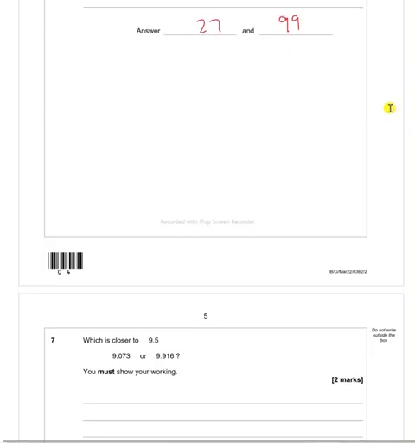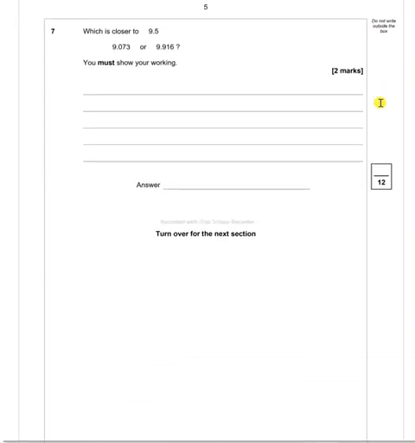So right, what you do is just simply put that into your calculator. So do 9.5 minus 9.073. 9.5 minus 9.073 equals 0.427.